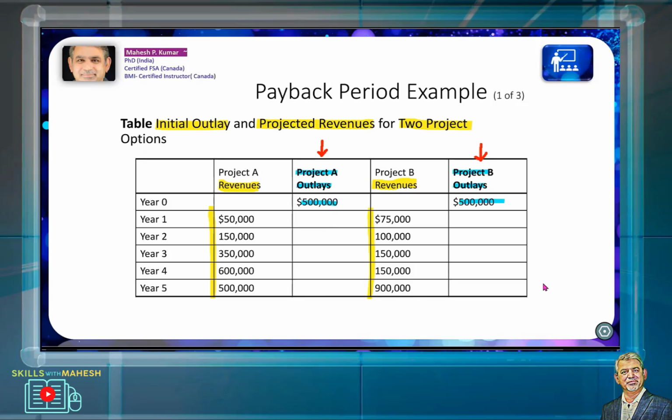Now we have to decide which project is better. And we will use this criteria, payback period, that how long it will take for us to recover our initial investment, or how much time does it take to arrive at the break even point, right? Now, this is interesting.